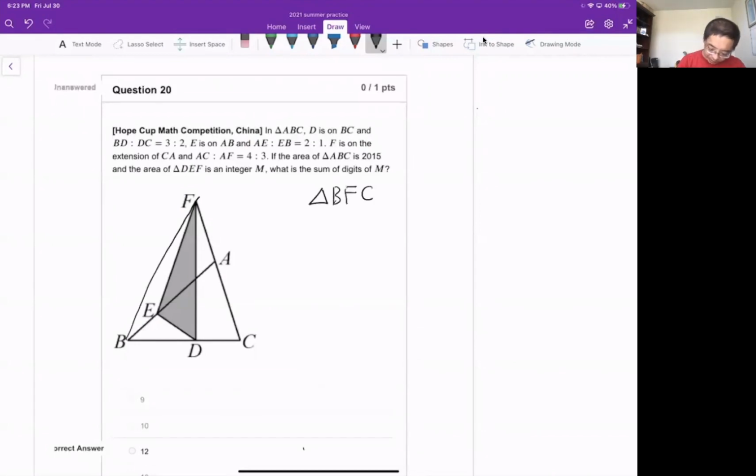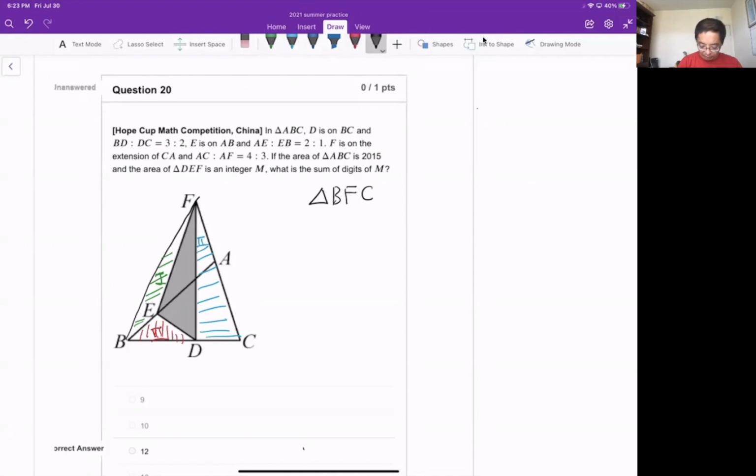I'm going to use BFC minus the triangles. This one I put, let's say, is part 1, then we have FCD, and also this is BED. This is part 2, and this is part 3.